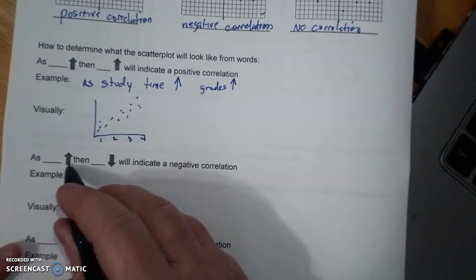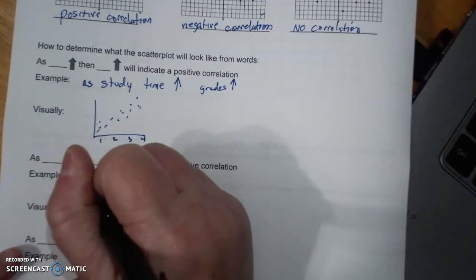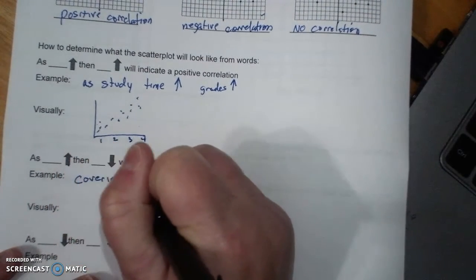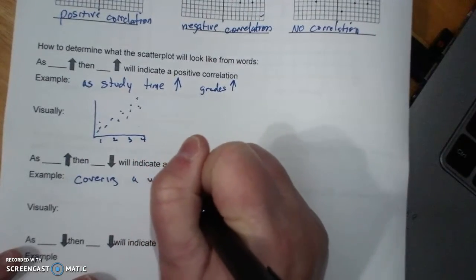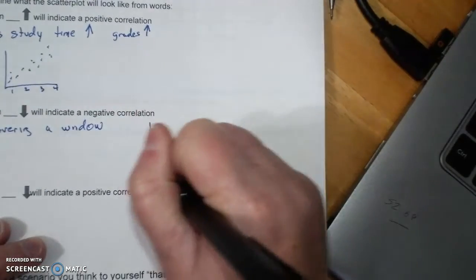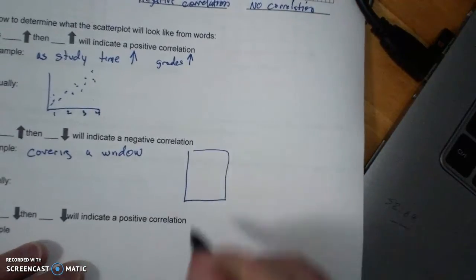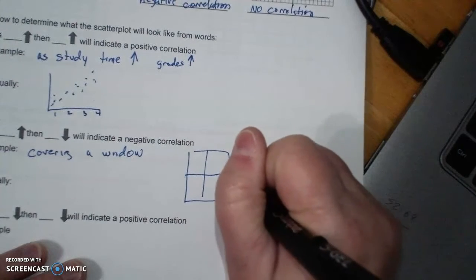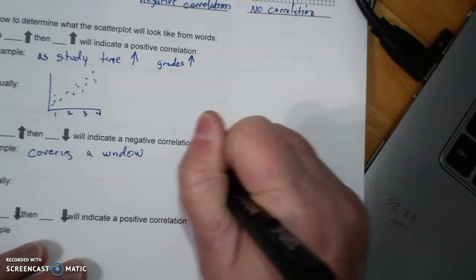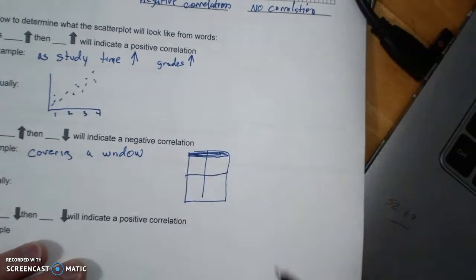As this goes up, so covering a window. So say I have a window, and here's my window, and we have a shade. Okay, here's my shade.